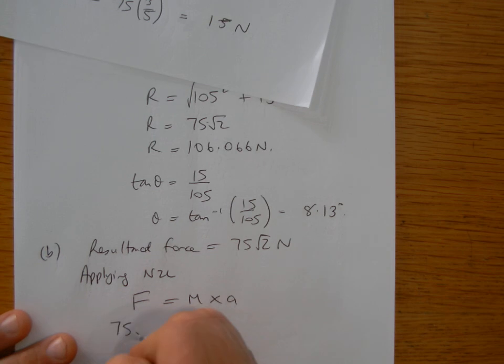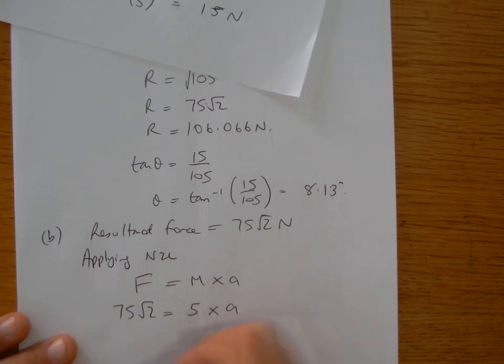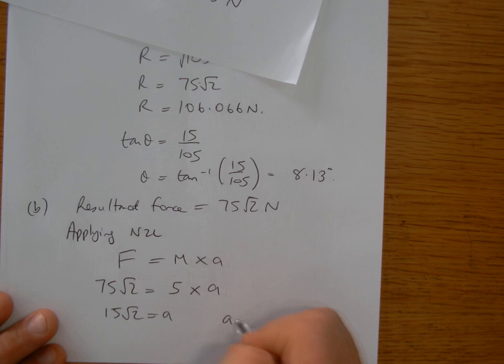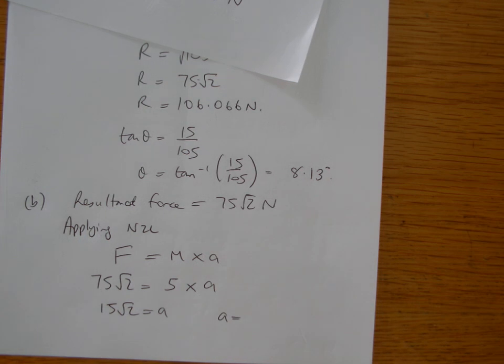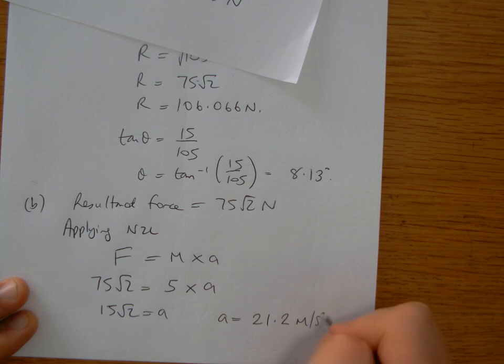So we've got 75 root 2. The mass of the object, if you go back to the start, was 5, times A. So divide through by 5, and you get 15 root 2 is equal to A. So that's your acceleration. We can work that out in decimal form as well: 21.2 meters per second squared.